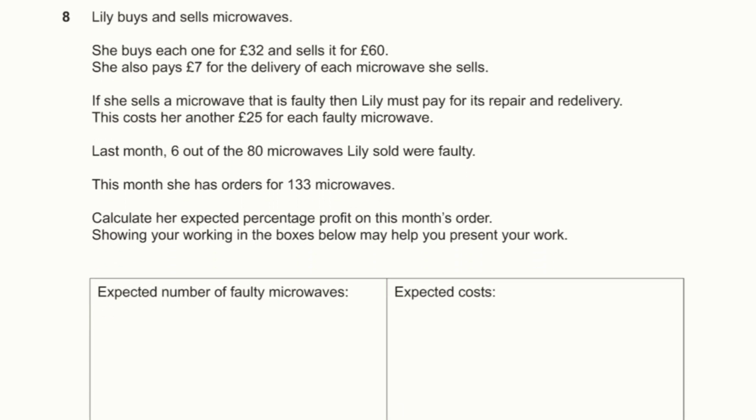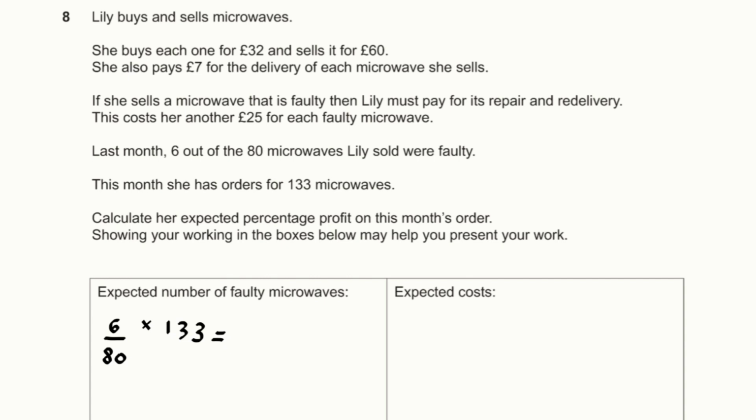Well, what we can do is find out how many microwaves we expect to be faulty. Now, we know already last month 6 out of 80 were faulty, and this month we've got an order of 133 microwaves, so we can expect 6 over 80 times 133.